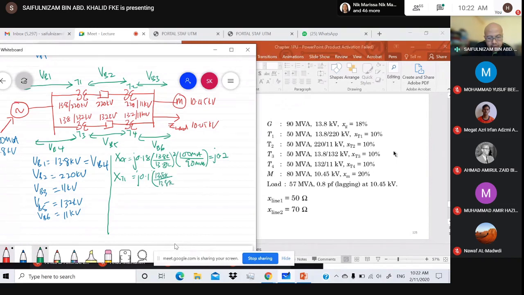Let's say I choose the LV side, divided by 50. So you should get j0.2 per unit.